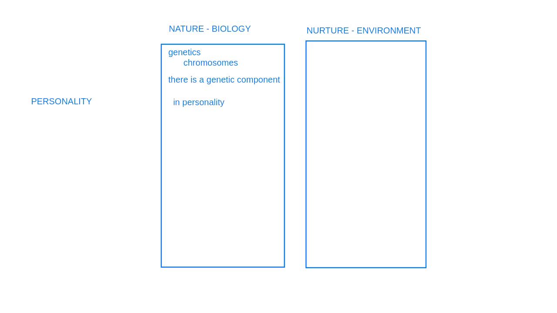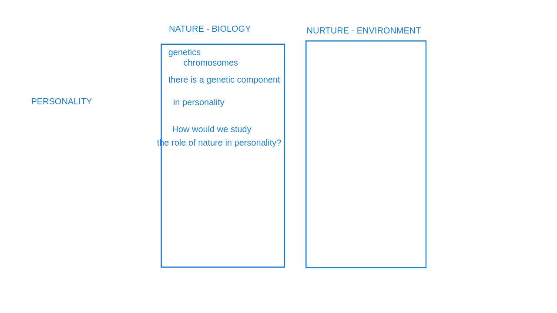If we wanted to study nature's role in personality, how would we study it? We want to look at how biology plays a role in personality. One key way we would look at this is studying twins.